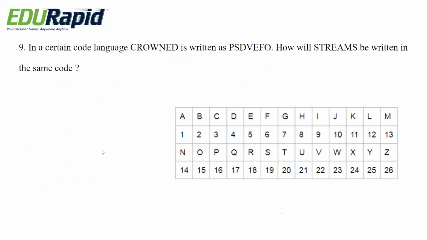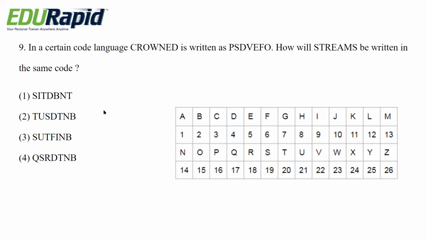Next question: in a certain code language, CROWNED is written as PSDVEFO. How will STREAMS be written in the same code language? Options are SITDBNT, TUSDTNB, SUTFINB, QSRDTNB, none of these.